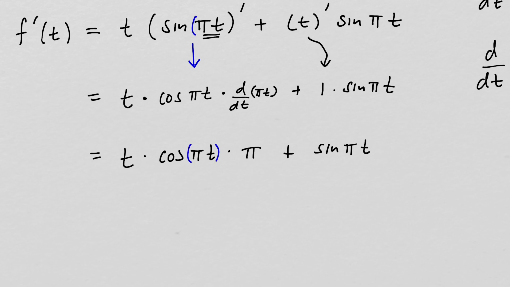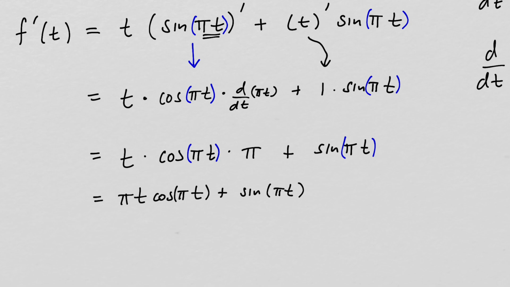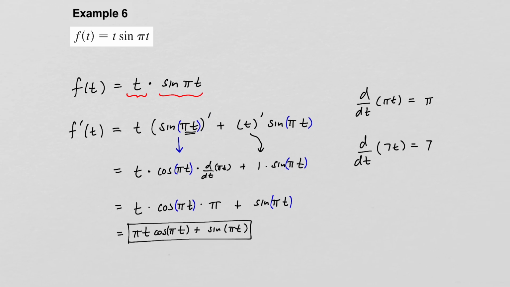And so we could have taken those all the way up to the top like this, and then you're a little bit less likely to make the mistake of multiplying these together. So this pi needs to move to the front. So this becomes pi times t times the cosine of pi t, and then plus the sine of pi t. And this is our derivative.